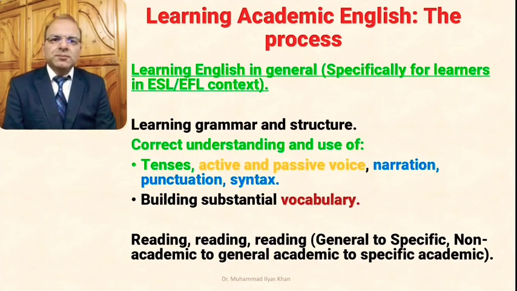So, although researchers whose first language is English also need to learn academic English, specifically for researchers who have English as a second language or English as a foreign language, the process of learning academic English also first includes the process of learning English in general.